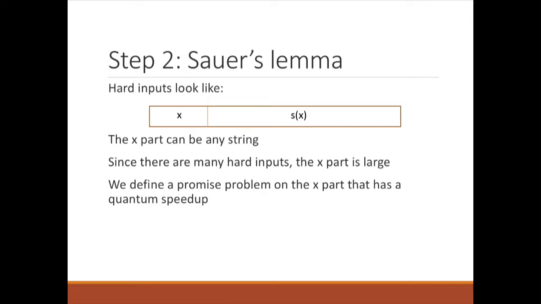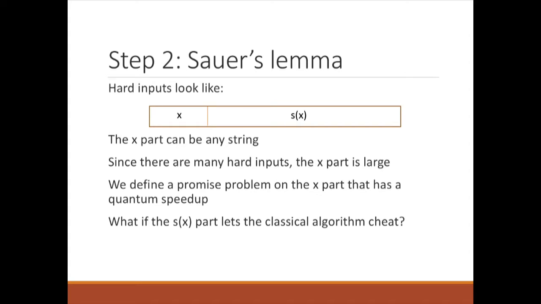Right. So now we want to define a promise. We want to restrict this set of hard strings to a promise such that quantum algorithms can solve it fast and randomized algorithms cannot. So what we'll do is we'll just put the promise on the X part. We'll say, well, here we started with every possible string. Right? Let's just put Simon's promise there.